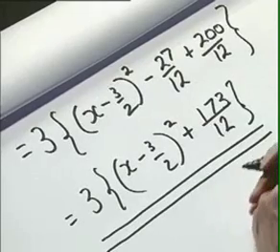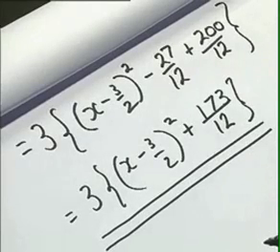So despite the fact that the numbers were quite fearsome there, we've still ended up with a complete square. And we've automated the process so that what we're doing is looking at the coefficient of x. First of all, we check that the coefficient of x squared is 1.